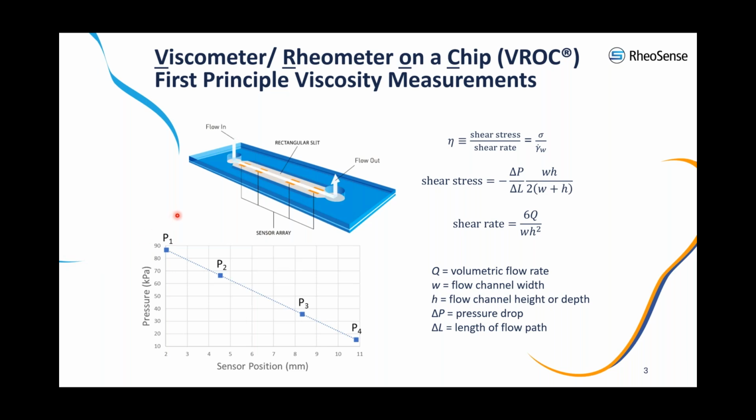Since we have a well-defined geometry, we can calculate shear rate from the flow rate and the dimensions of the channel. And shear stress is calculated from the pressure drop and geometry of the channel. And shear stress divided by shear rate gives you viscosity. So this is how we calculate viscosity. So we can control shear rate, measure shear stress, and calculate viscosity very precisely.